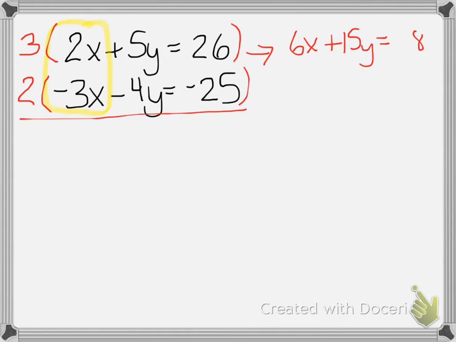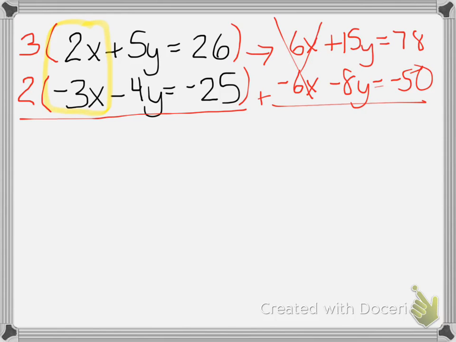So then my equations will be 6x plus 15y equals 78, and negative 6x minus 8y equals negative 50. Okay, I'm going to add those two. Eliminate the x's. I'm going to get 7y equals 28.